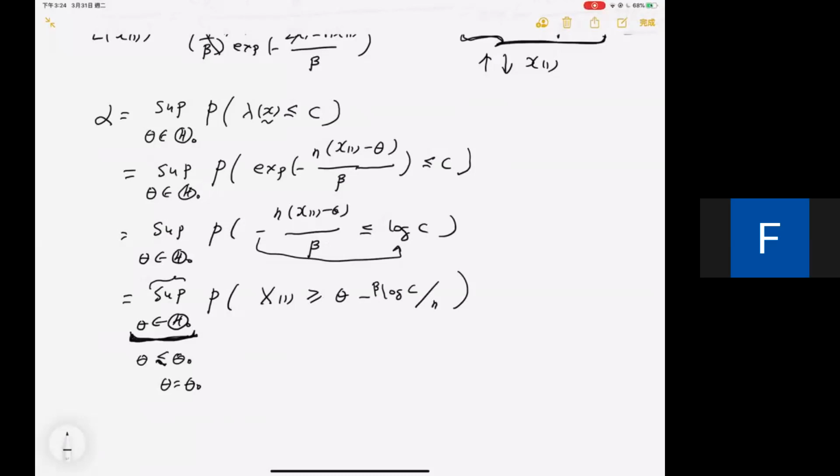Looking at this right here, what happens if theta gets bigger? Oh, hold on a little bit. Did I mess up anything? If my theta gets bigger, my quantile moves to the right. This is my distribution. Then if theta gets bigger, wait, the probability gets smaller. I made a mistake.